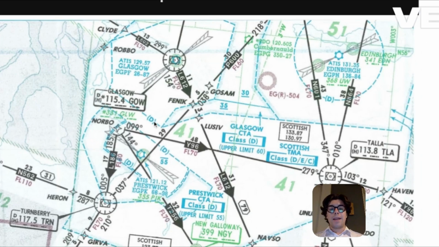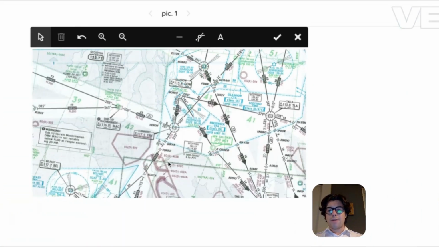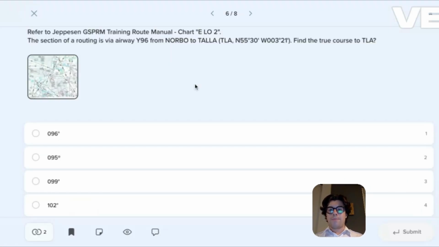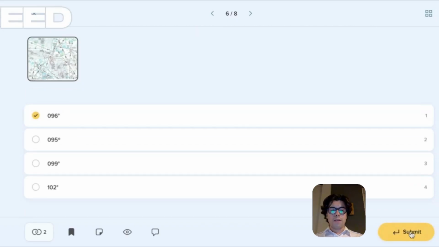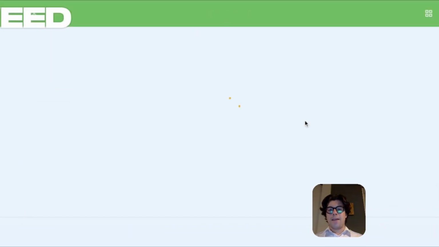So this will be 99 minus 3 because it's westerly, and this will give us 96. I always use the mnemonic Cadbury Dairy Milk, very tasty: magnetic, variation equals true. We subtract west and we add the east.